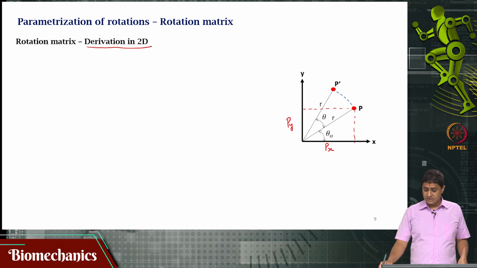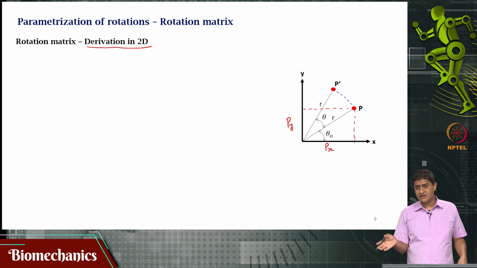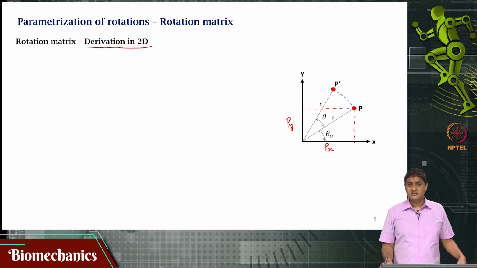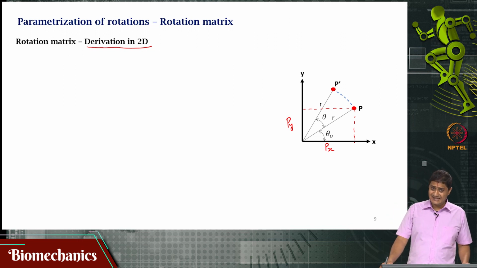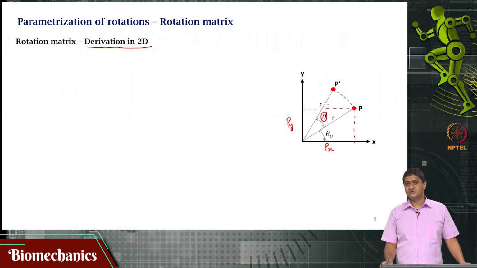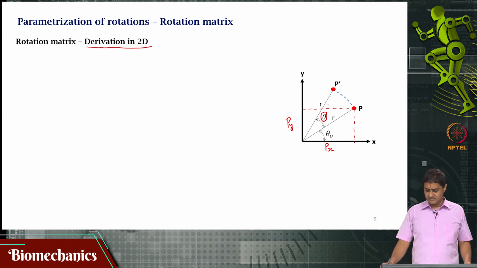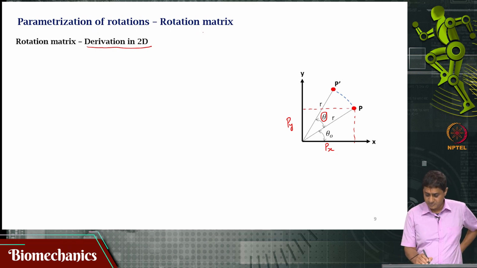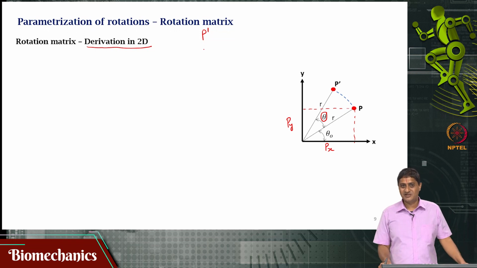I know initially what angle P itself has, and then I am saying that P makes a rotation about the z axis in the xy plane, by some known angle theta. I know the angle by which it is rotating. The problem of interest for us is to find the coordinates of the point P dash, the new point P. That is the question.